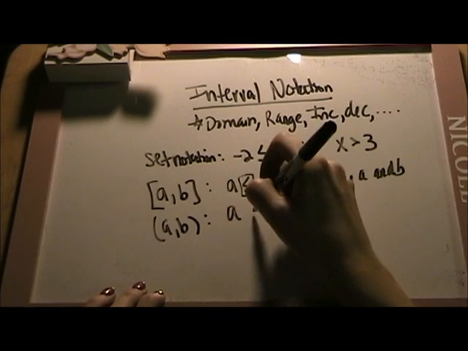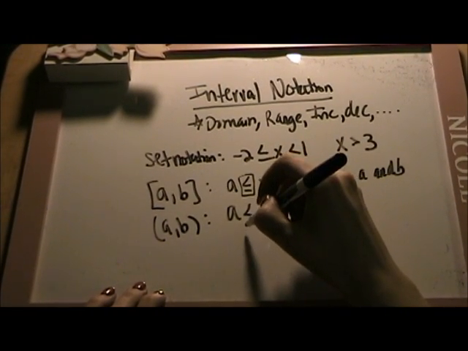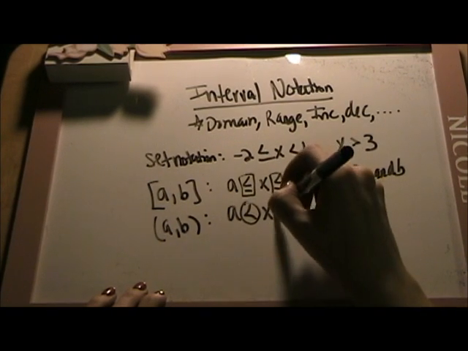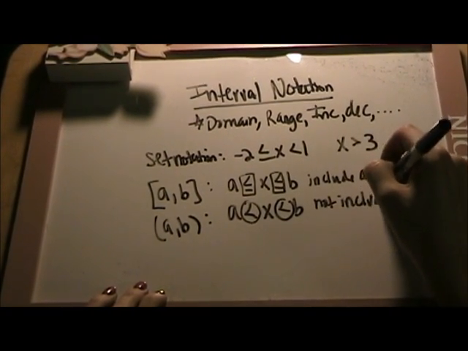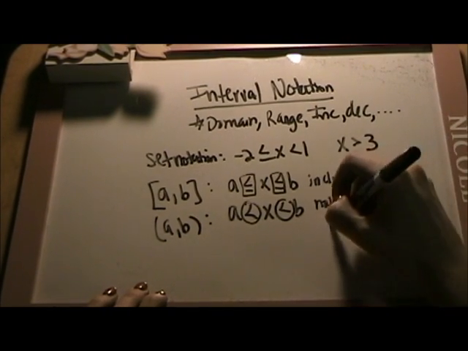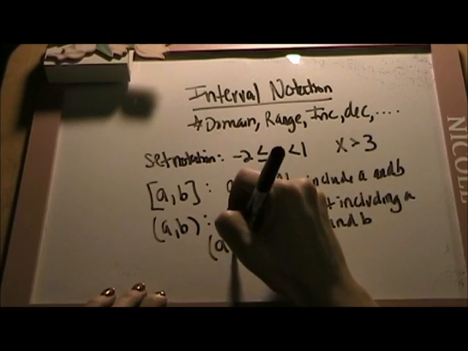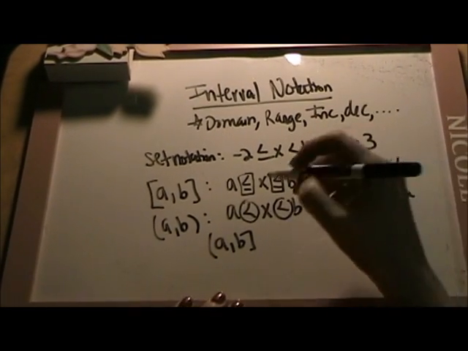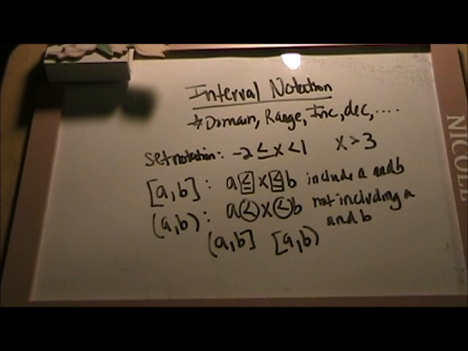This means that x is between a and b. But now if you look, we're not including a and b. You can mix them up. You can have parentheses a, comma, b bracket, or you can have bracket a, b parentheses.